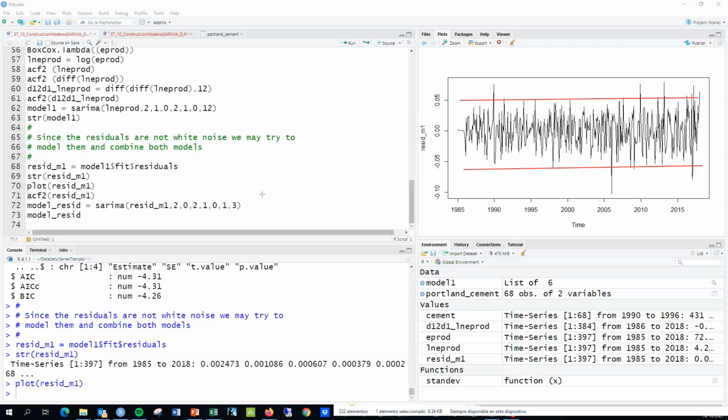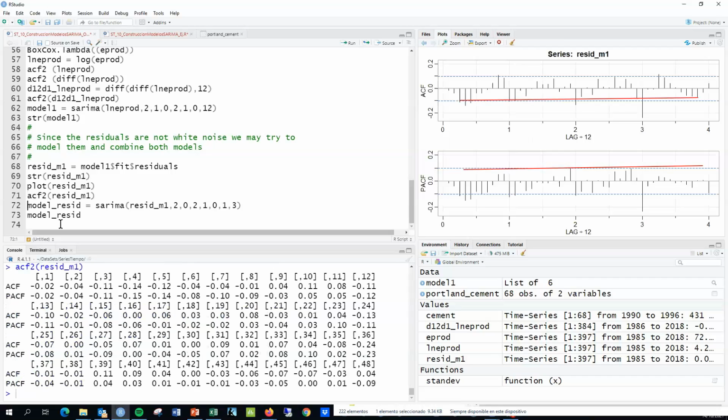But what we're going to do now is a little bit different. I'm going to analyze the ACF of the residuals and the PACF of the residuals. Now these are my residuals, and you see the autocorrelation function and the partial autocorrelation function of the residuals.